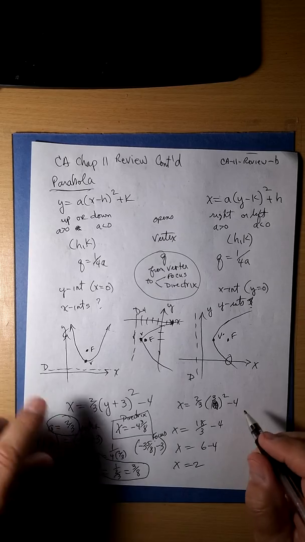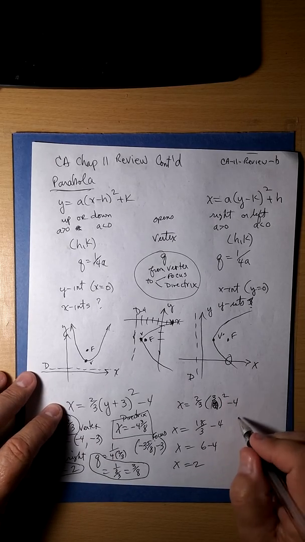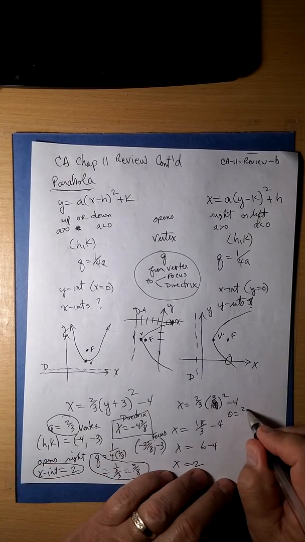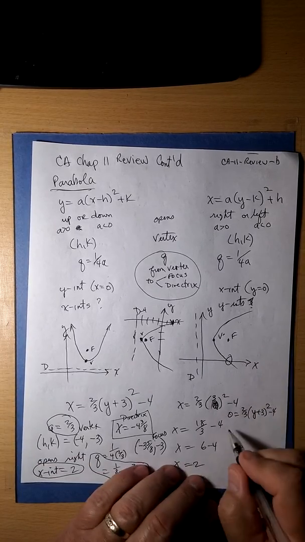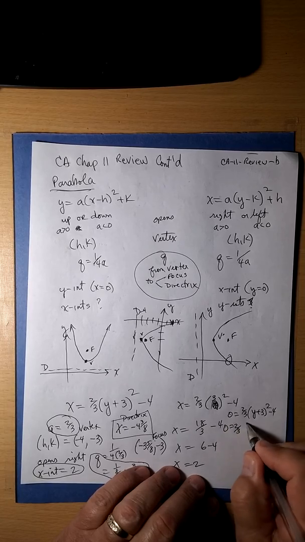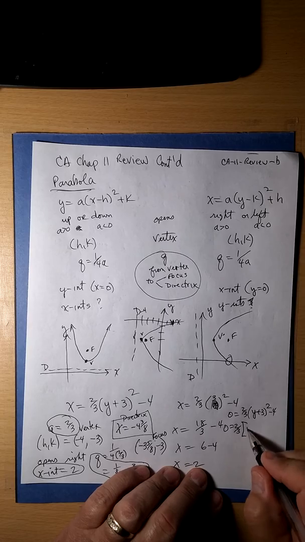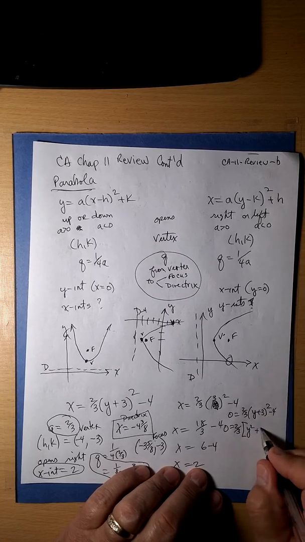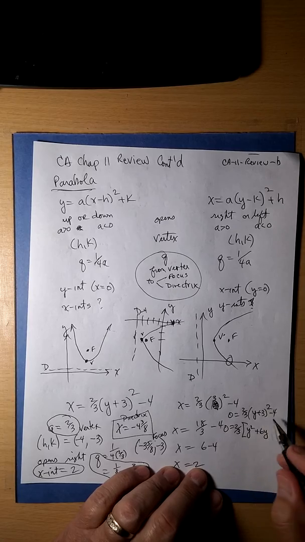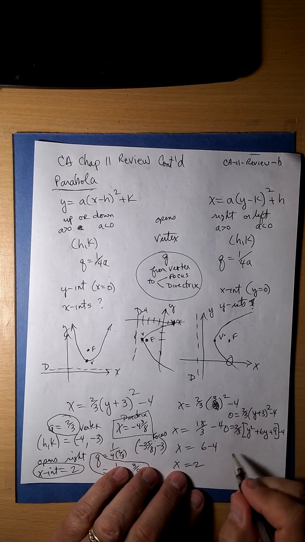If we want to find the y-intercepts, we need 0 equal to 2/3 (y plus 3) squared minus 4. Remember, when you square a binomial, square the first, y squared, take the product 3y and double it, so it's 6y, positive, and square the second, positive 9, minus 4. So distribute this 2/3.